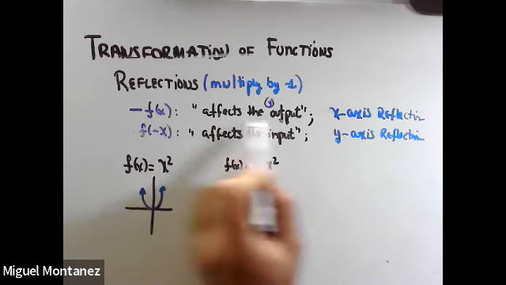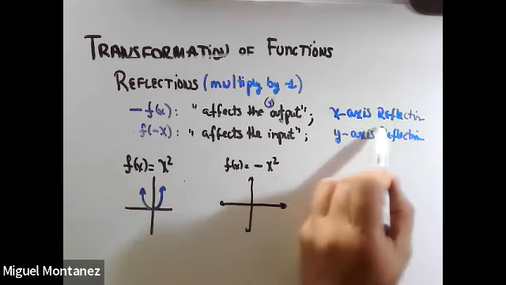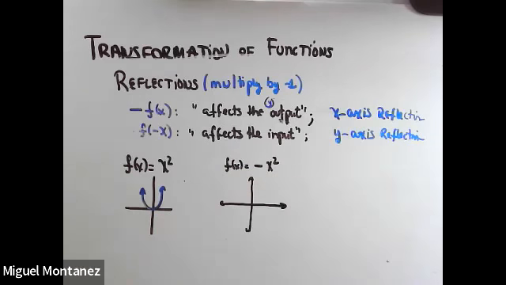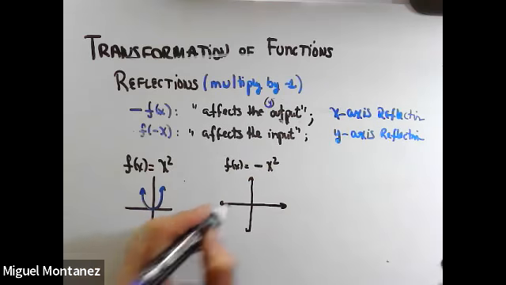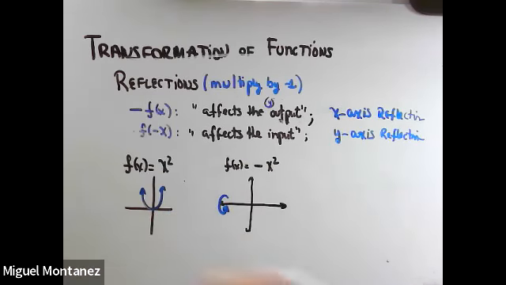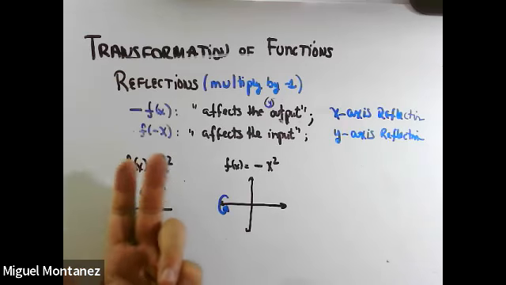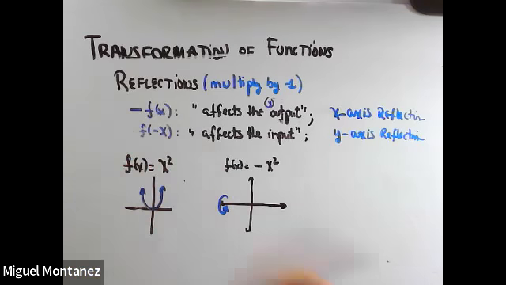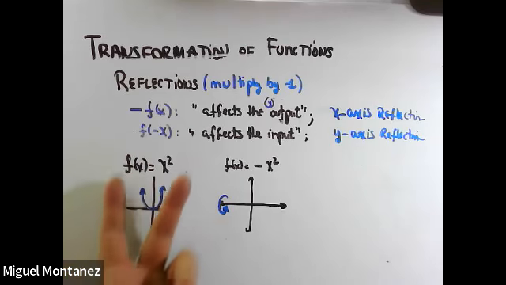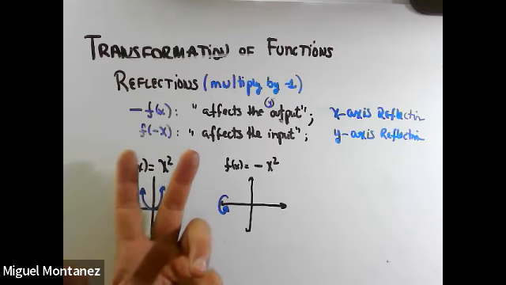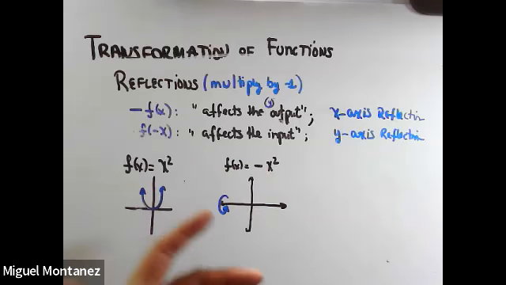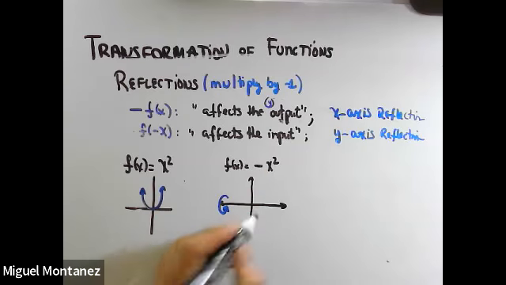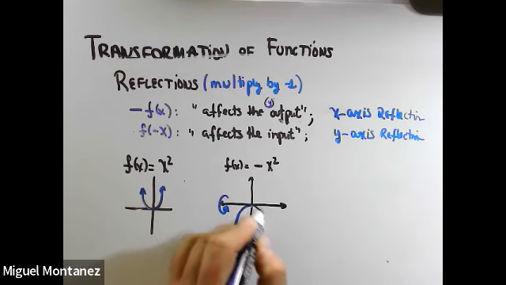So it's affecting the Y, so we need to reflect in terms of X. Literally, reflect means flipping the graph. Whatever is on top goes to the bottom, what is on the bottom goes to the top. So now instead of having a U facing up, we're going to have a U facing down. We flip this way. So now my new graph will be like that.